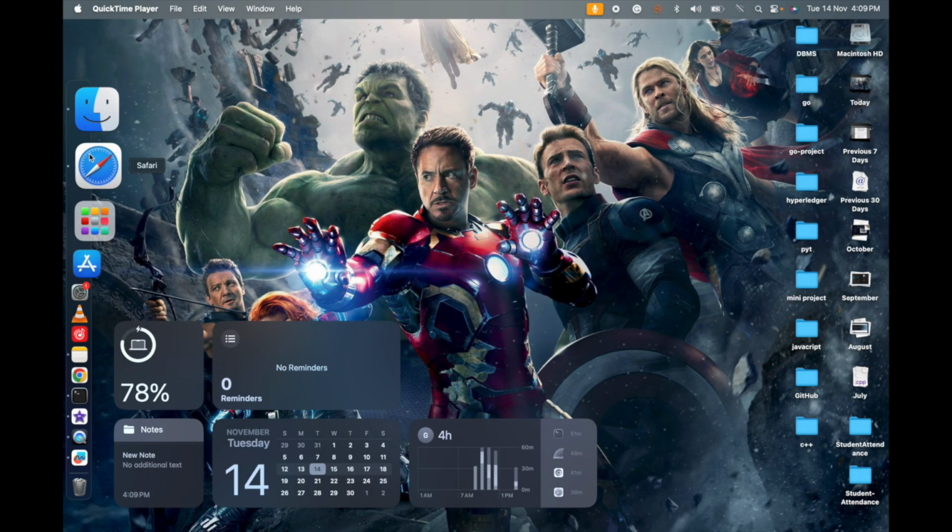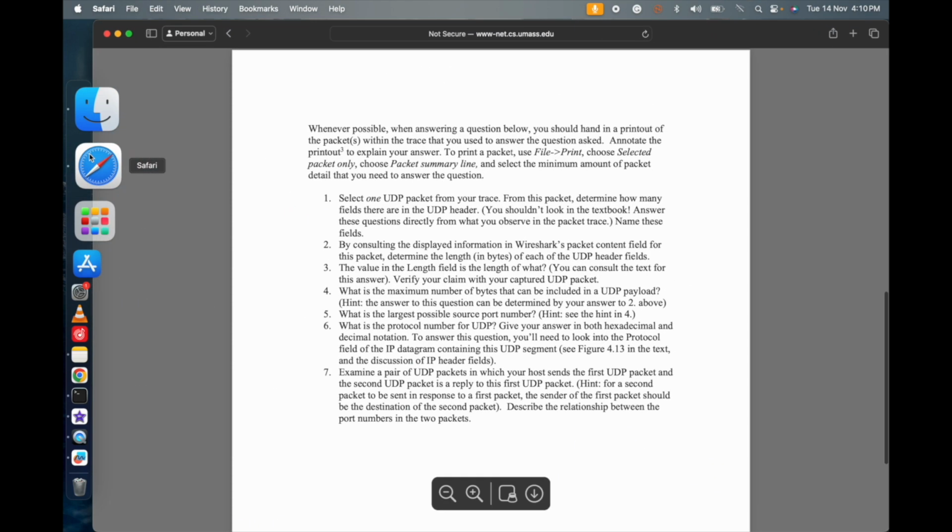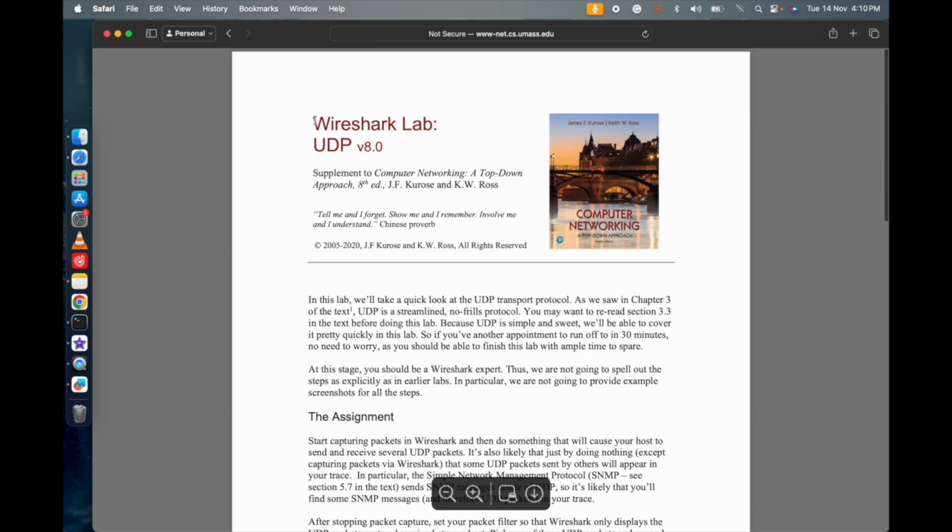So in this video we'll be doing UDP protocol. So firstly we'll just enter Wireshark Lab of UDP. So basically UDP is just a protocol that's taking place on the internet, and it does not give you the reliability of data transfer.